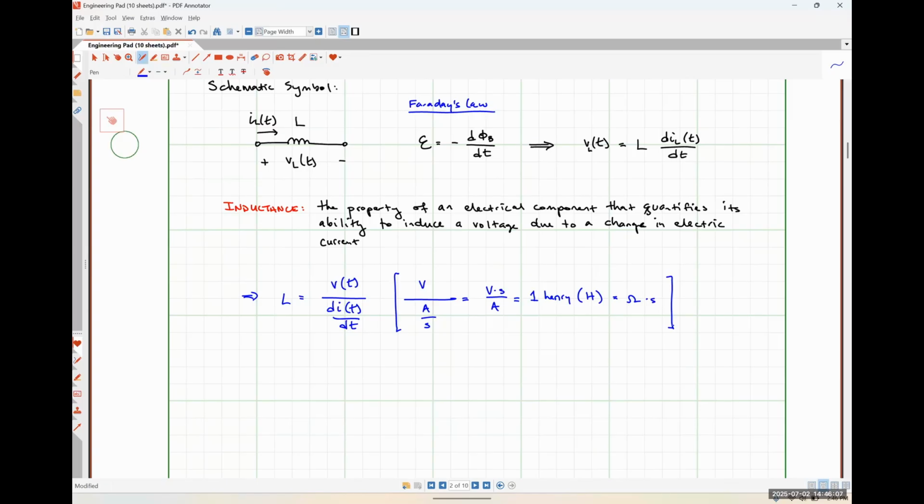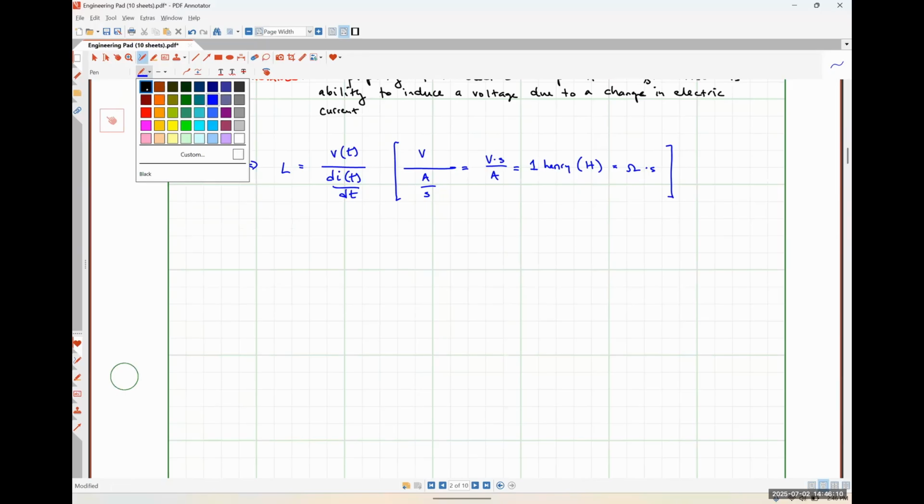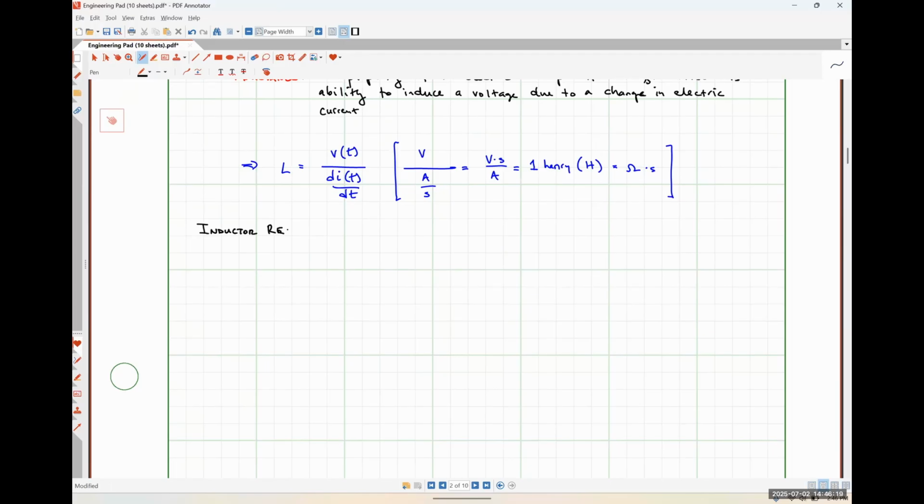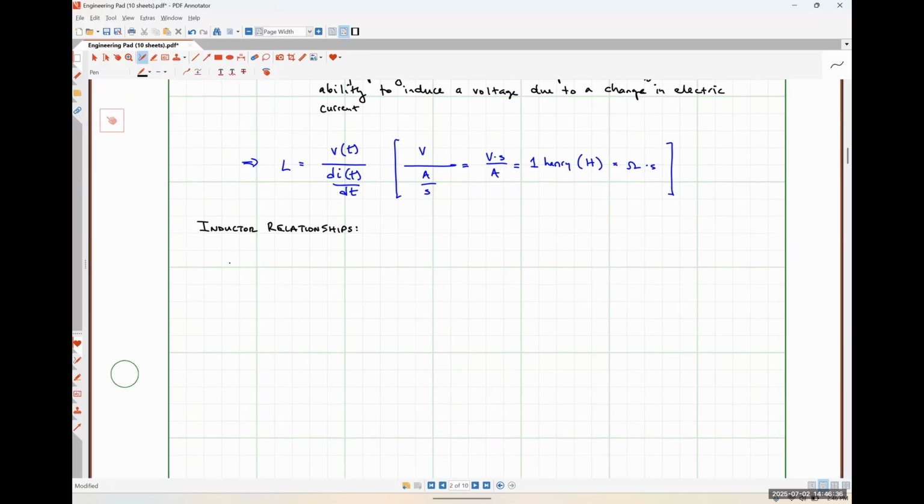All right. So let's talk now about inductor relationships. The first relationship that we're going to talk about, I've actually already given you guys, and that is the voltage drop across an inductor is equal to inductance times the derivative of the current flowing through the inductor.